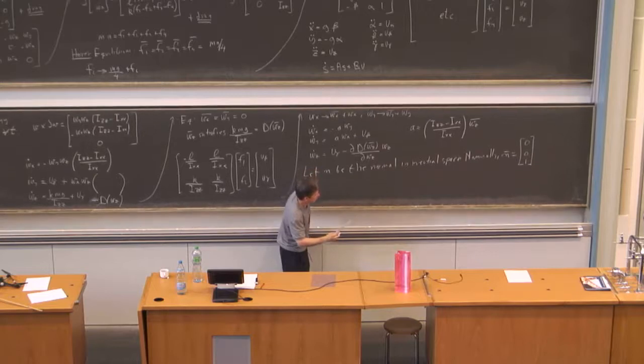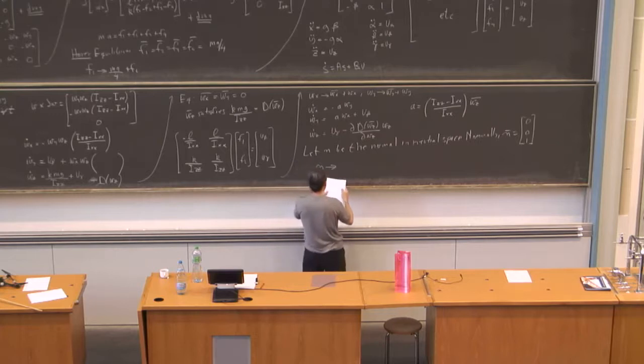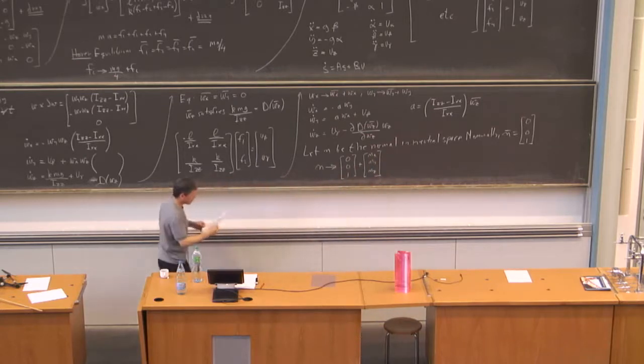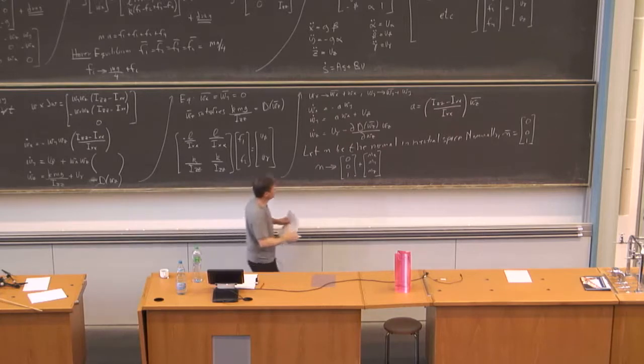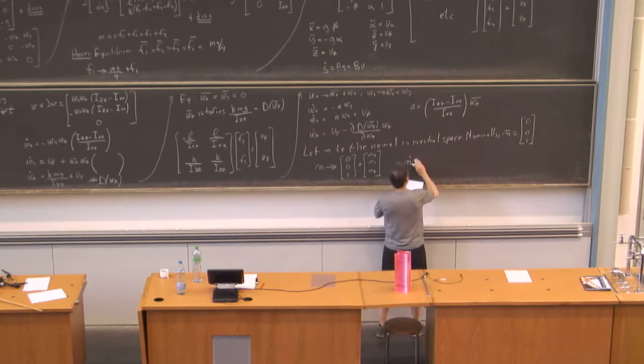So n is going to go into 0, 0, 1 plus small perturbations. And if I want to relate this inertial frame to my rotating frame, I just use my rotation rate, minus omega cross n.